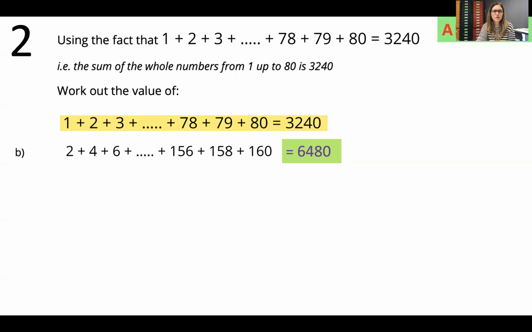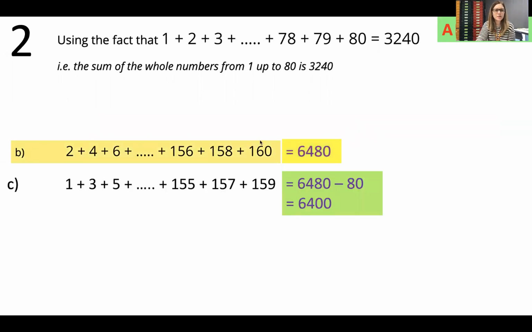Finally, for part C, similar to part B, but a little bit more tricky. Let's look again. So I've taken my answer to part B here, my 2, 4, 6, etc., equals 6,480. And I've written out my question C. So you can see that 1 is 1 less than 2, 3 is 1 less than 4, 5 is 1 less than 6, etc. So every single number in this list is 1 less than in this list.